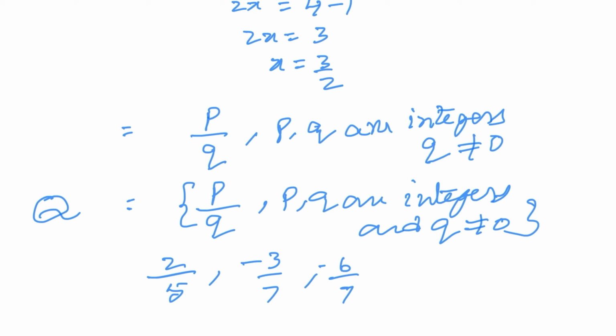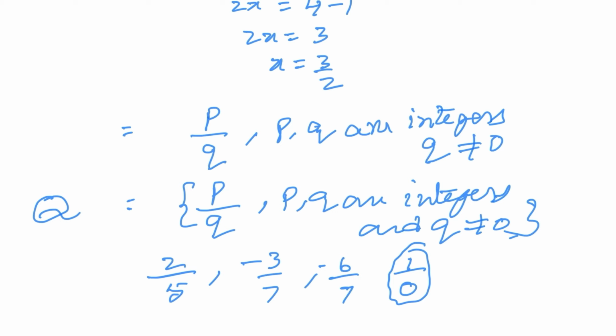If q is equal to 0, what happens? Let us see. 1 by 0. If q is taken as 0, it is 1 by 0, which cannot be defined in mathematics. We don't have a definition for this. 1 by 0 is considered infinity, undefined in fact.